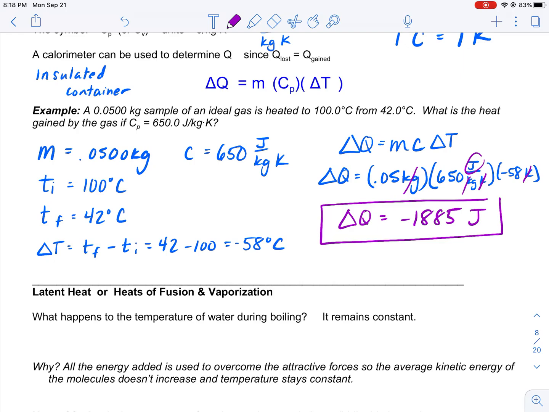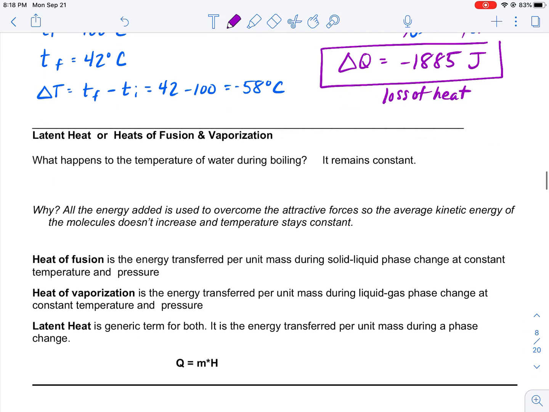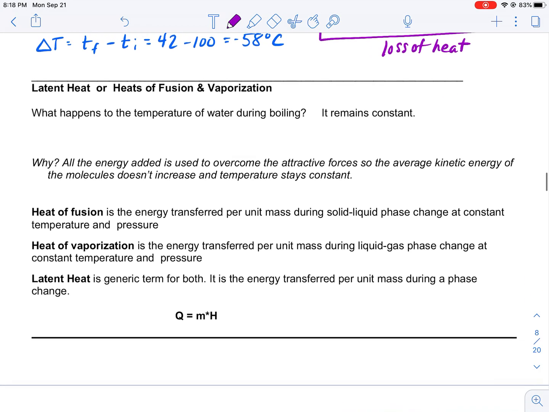There's my change in heat. So the gas lost heat. It lost that much energy and its temperature changed. So heat and temperature are related, but they're not quite the same thing.